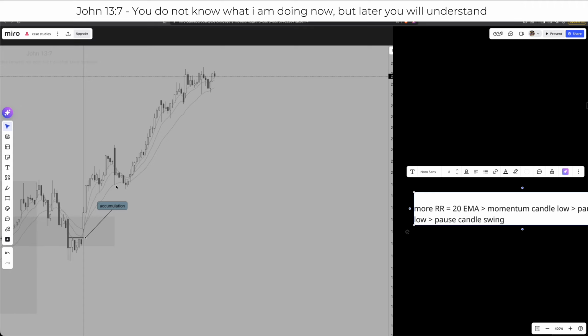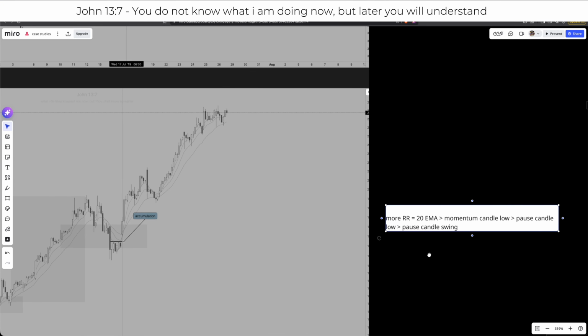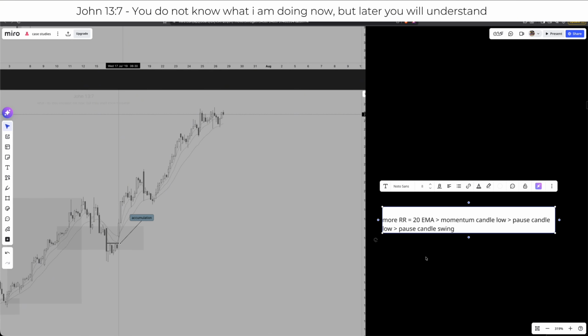If we follow the 20 close, we get less. Under the swing, we get less. Okay.